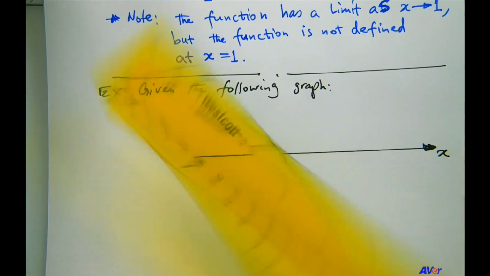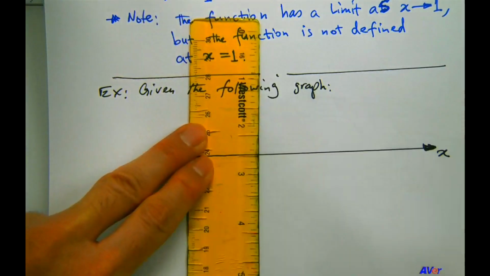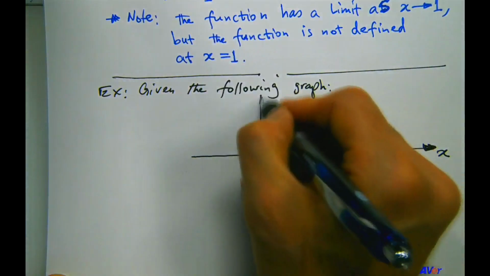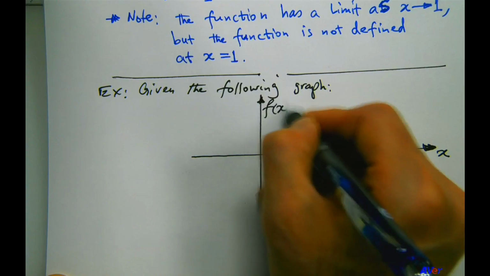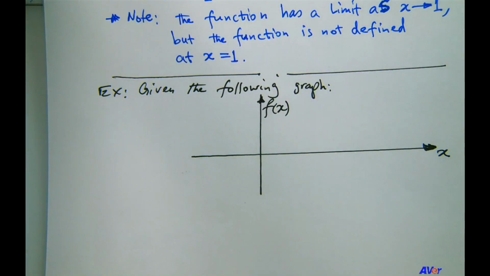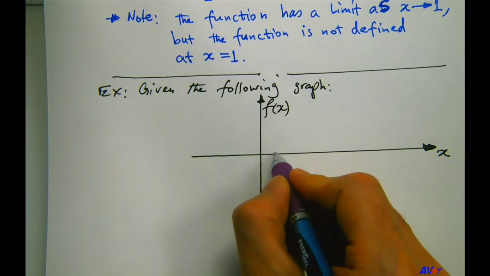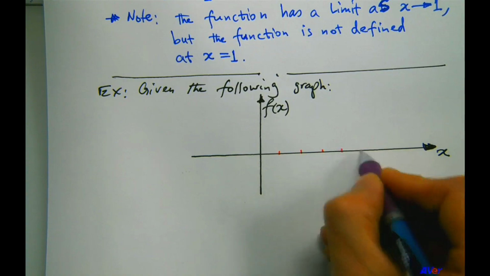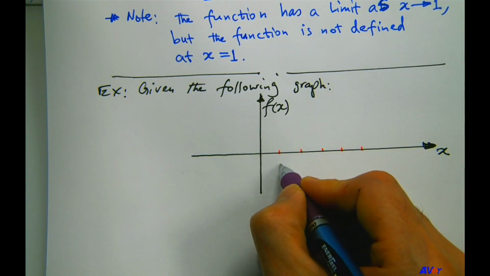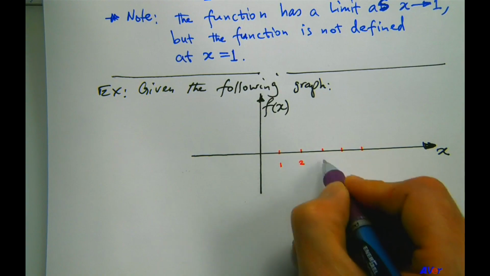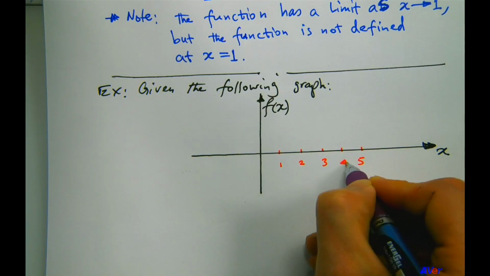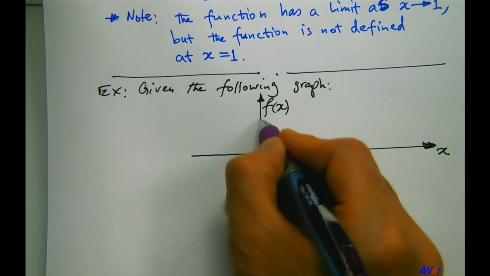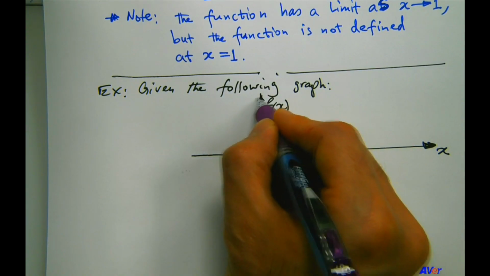This is x, and here is the y-axis, or f of x. Then let's increment this to 1, 2, 3, 4, and 5. I may have picked my increments a little bit too large. 1, 2, 3, 4, and 5.